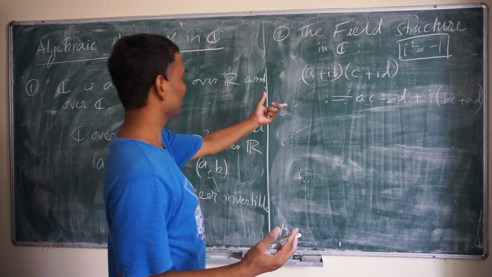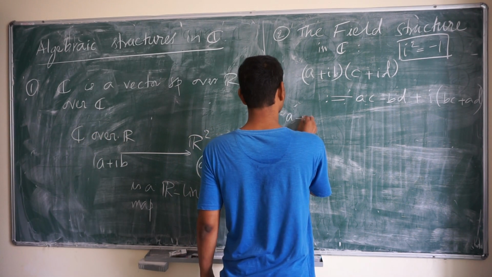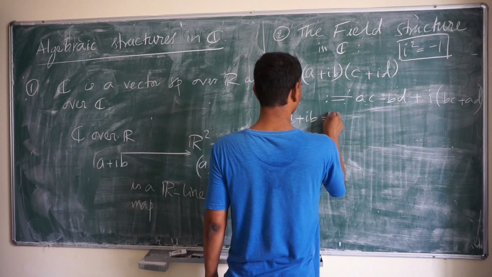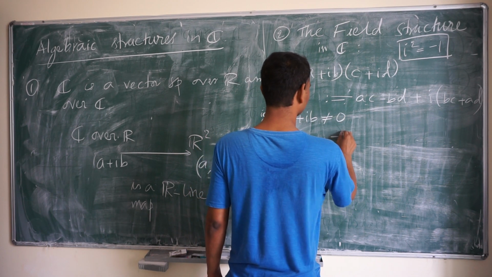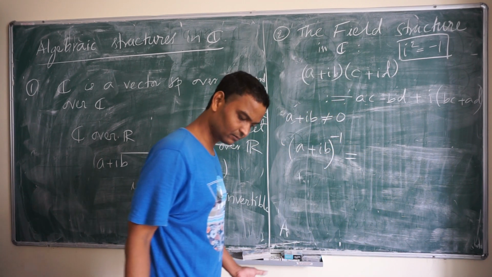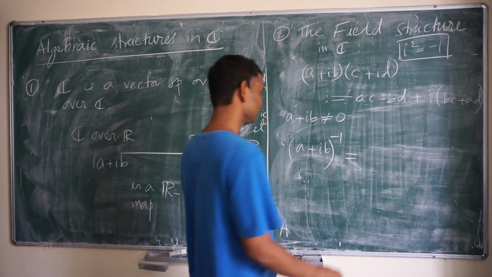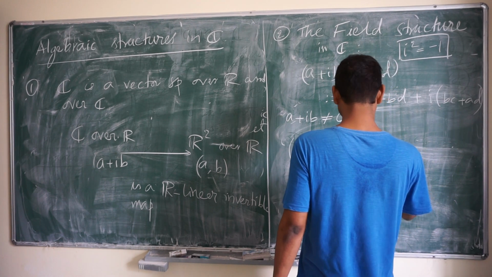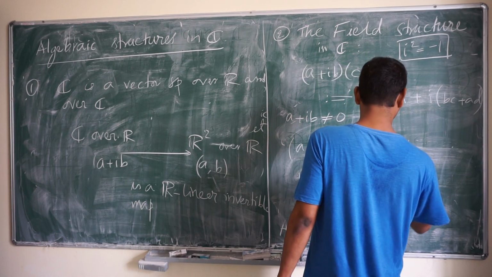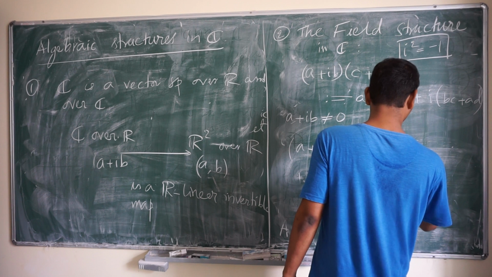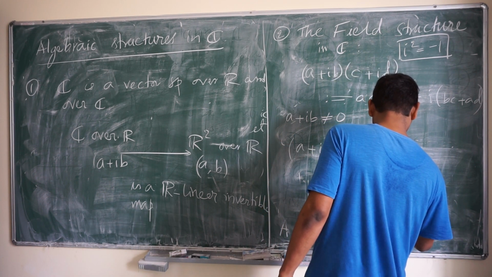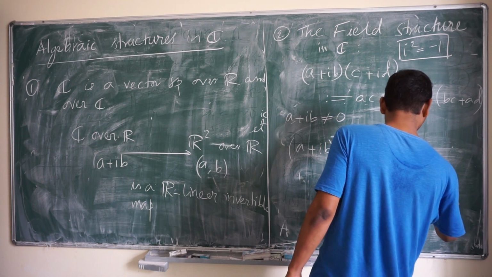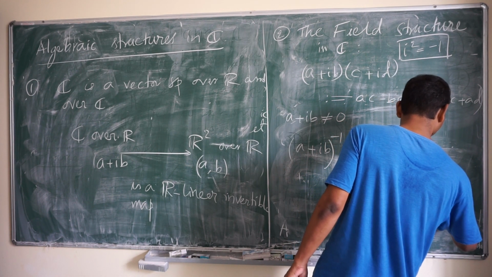And you have the inverse: if A plus iB is not equal to 0, and you want to look at the inverse of A plus iB, what will you get? A minus iB over A squared plus B squared. So this is A over A squared plus B squared minus iB over A squared plus B squared.